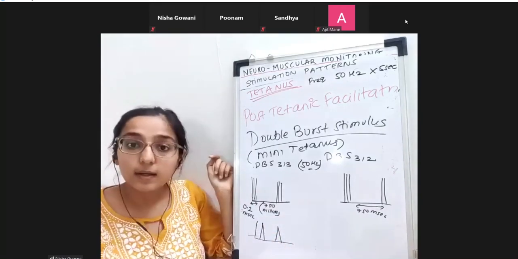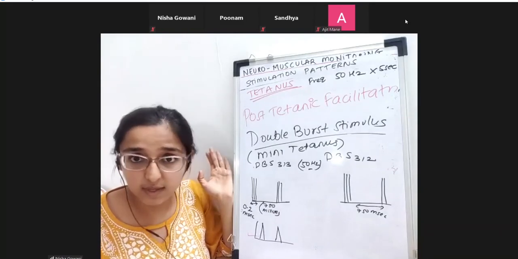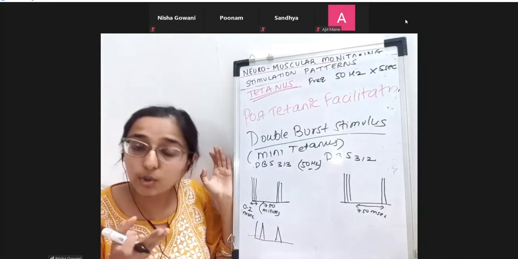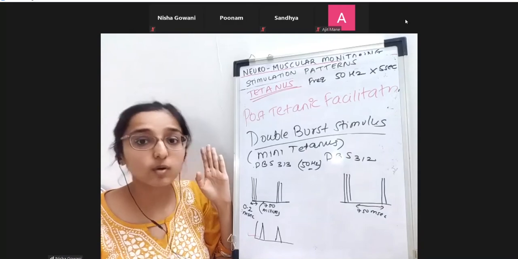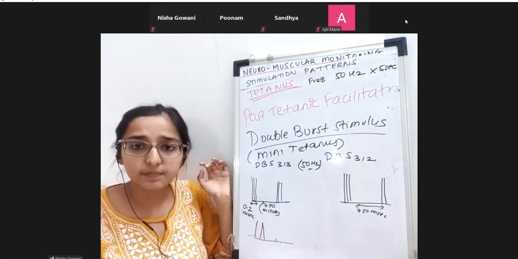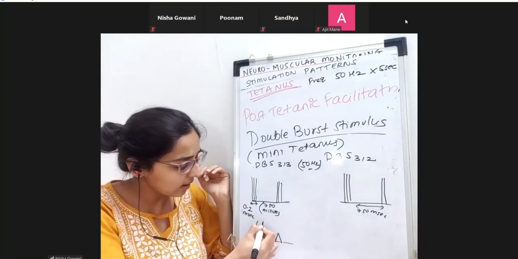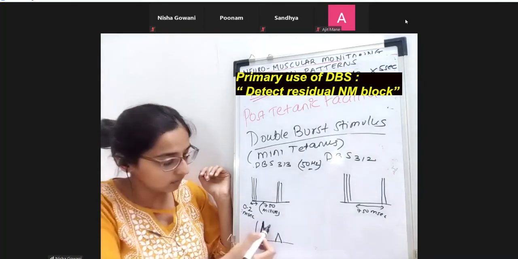Okay. Double burst is again very painful. We are not doing this in an awake patient, so I cannot show both at the same height. If you do it in an awake patient, your consultant will throw you out of the OT. So you are doing this in a patient who's under anesthesia. I will be able to see a fade in this.